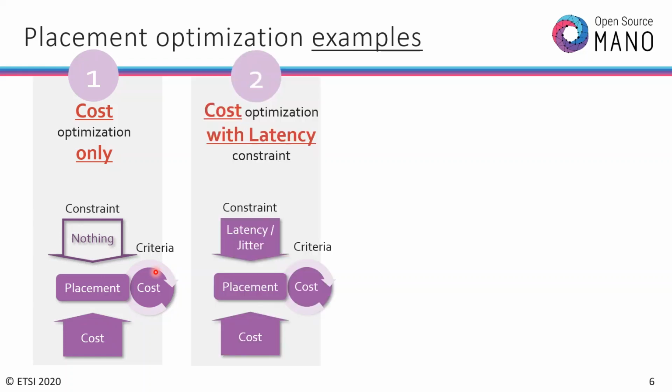That's fair enough. And then we have another option that is working today: cost optimization with latency constraints. So we have our same cost model here, but when we try to instantiate something, we add additional requirements on the link that the latency must meet these requirements, and the same for jitter as an example, and then we compute the cost using that criteria.